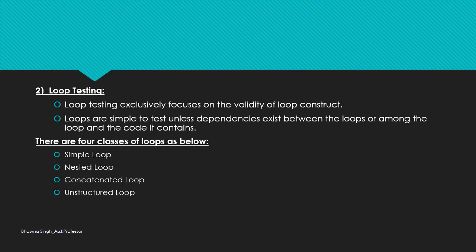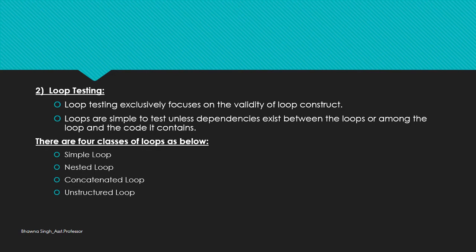In simple loops we execute only one pass through the loop, or only 2 passes through the loop. Then in the nested loop we start with the innermost loop first, then set all the other loops to minimum value, and after conducting the simple loop test for the innermost loop, we perform the test for the next loop and work outward. So we continue until all the loops have been tested.